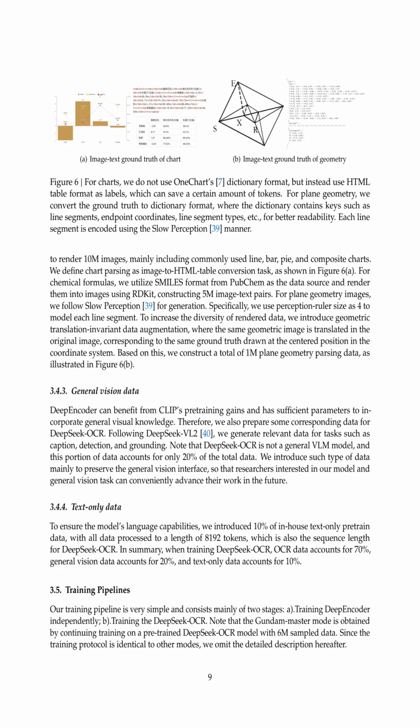To increase the diversity of rendered data, we introduce geometric translation-invariant data augmentation, where the same geometric image is translated in the original image corresponding to the same ground truth drawn at the centered position in the coordinate system. Based on this, we construct a total of 1M plane geometry parsing data, as illustrated in Figure 6b.